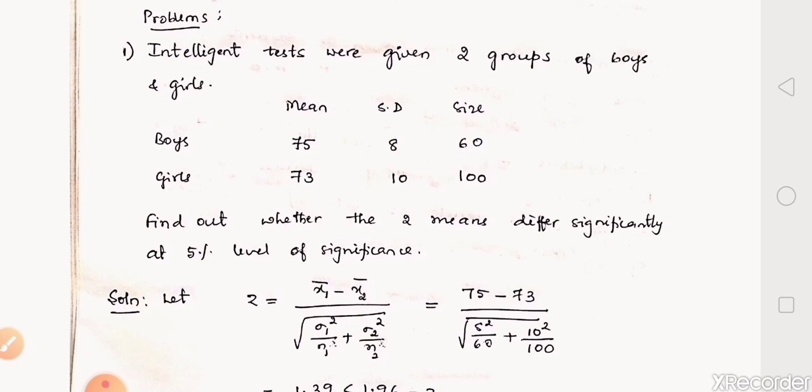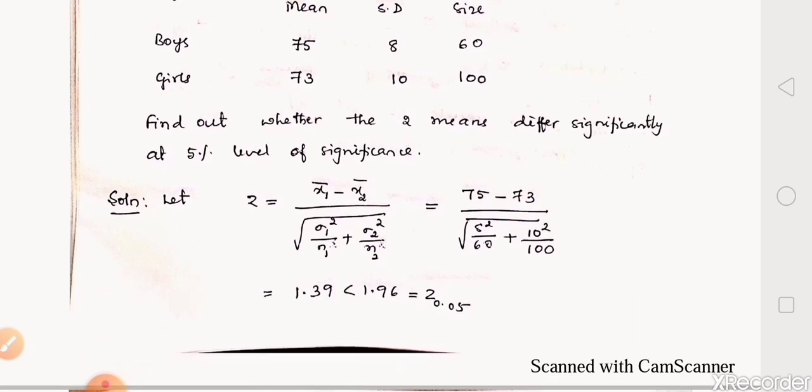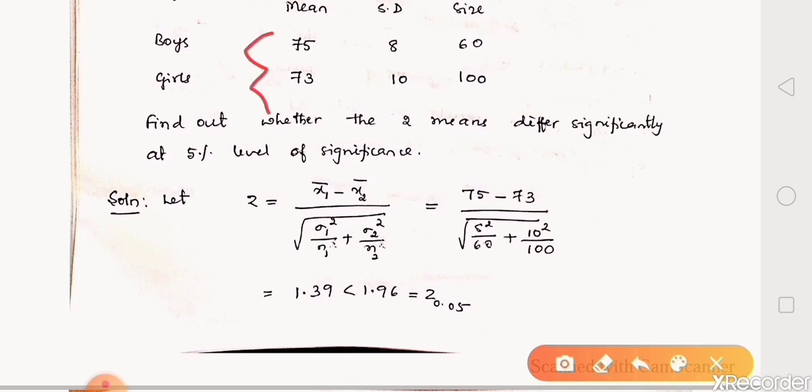Start the solution. First we assume that there is no significant difference between two means. Since here two samples are given with different means, we can use the formula z equal to x1 bar minus x2 bar divided by square root of sigma 1 square divided by n1 plus sigma 2 square divided by n2.